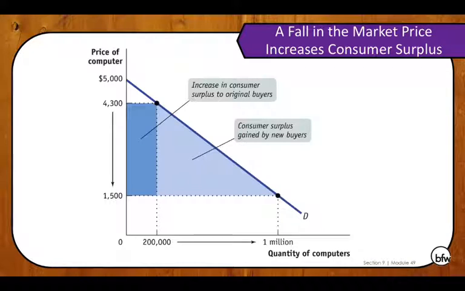The shaded area represents the increase in consumer surplus to the original buyers. Likewise, as I said before, a higher price would decrease quantity demanded and decrease consumer surplus. The triangle below the demand curve and above the price would get smaller.